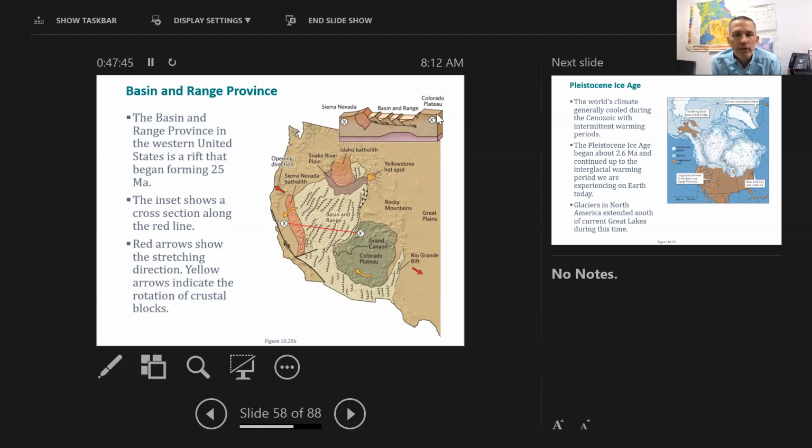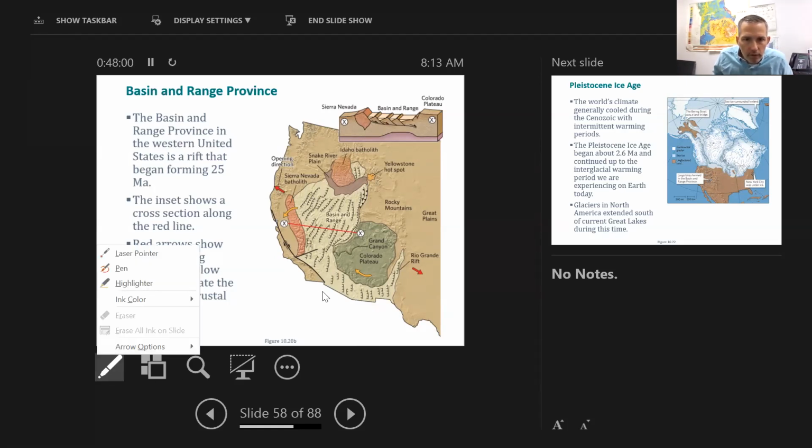And so the southwest part of the United States, again, was getting stretched apart there. As a result of that mid-ocean ridge moving into the Baja and then picking up over here in the Pacific Northwest, if I can draw that in.